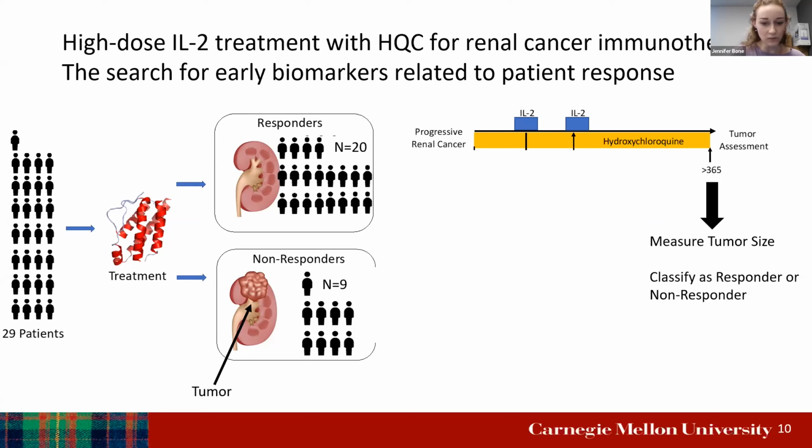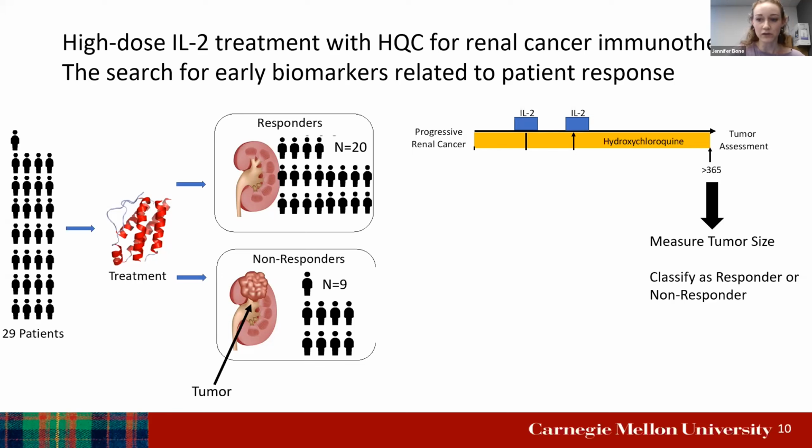To test this theory, we started with a cohort of 29 patients with progressive renal cancer, and we administered high-dose IL-2 treatment with the autophagy inhibitor hydroxychloroquine, as you can see on the right here. We ended up with a final cohort of 20 responders and 9 non-responders to this treatment.